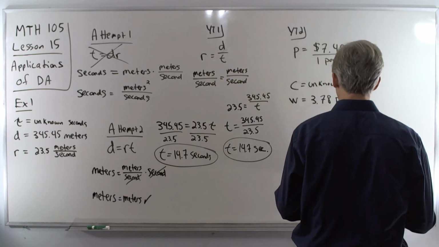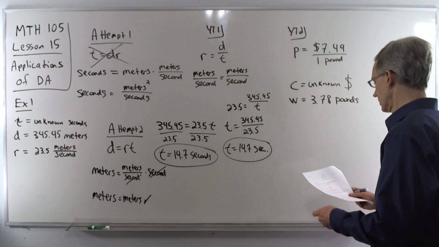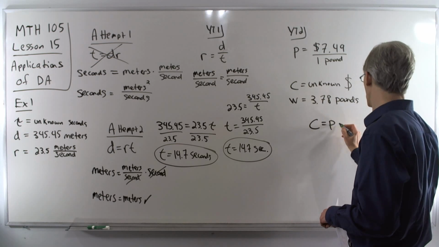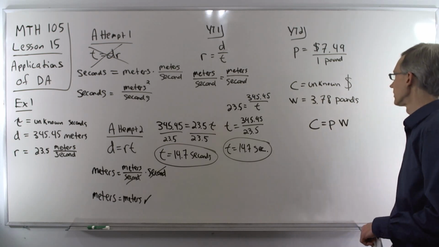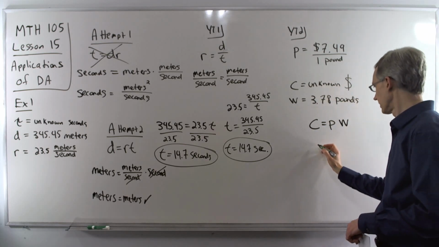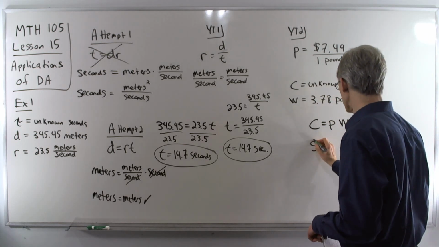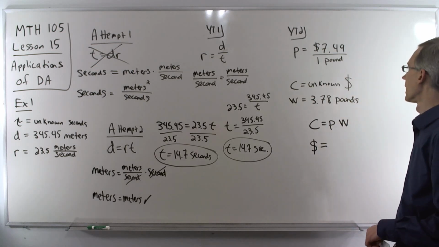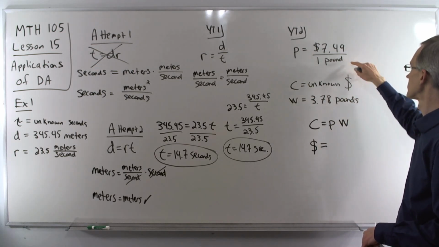All right, so I'm going to try out a formula here. C equals PW. And let's see if this works. So on the left, our units are dollars. So I'm going to replace C with its units, dollars. Use a dollar sign for that. And on the right, we have P, which is dollars per pound.